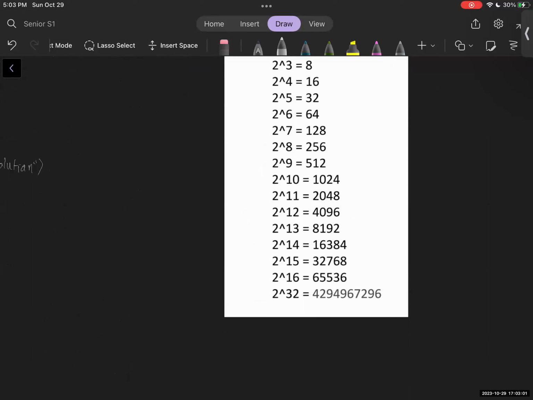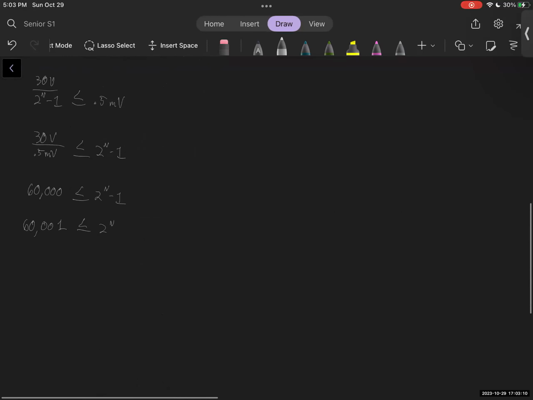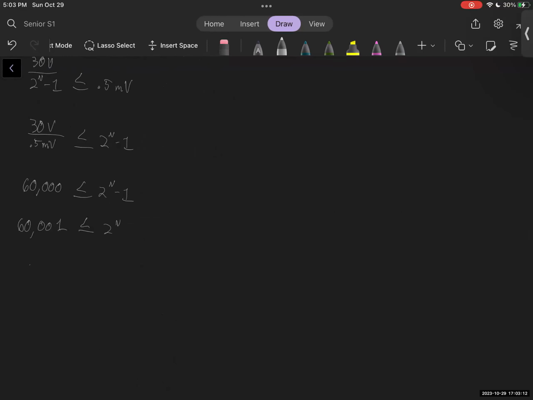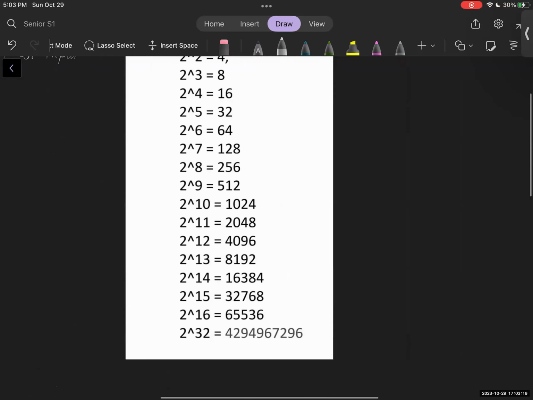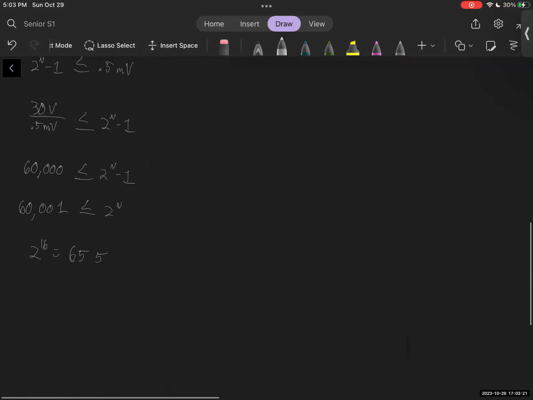The first value greater than 60,000 is 2 to the power of 16, which is equal to 65,536, which is greater than our 60,001. Therefore, our N value is going to be 16.